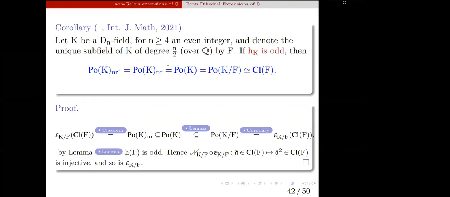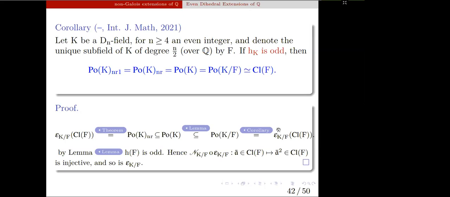In the corollary on slide 42, you write this equality, which is very interesting. My question is about something that has not yet appeared in the literature, but you know it. What happens for the Ostrowski group of K over F?